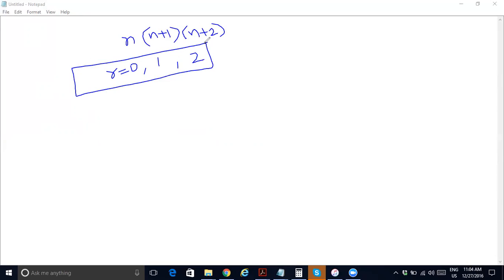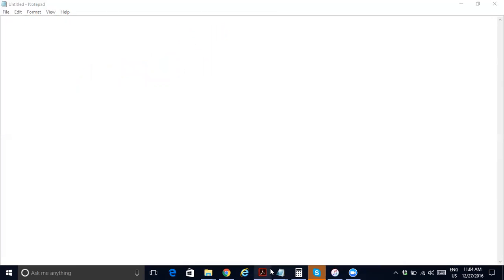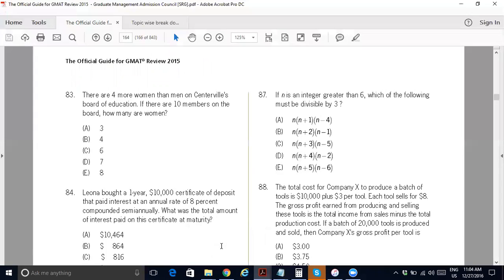So that's why in question 87, in A, you notice that all of them give remainder 0, 1, 2. Now, the one thing that we discussed, for example, 20 by 3, we were seeing that this is giving a remainder of 2.